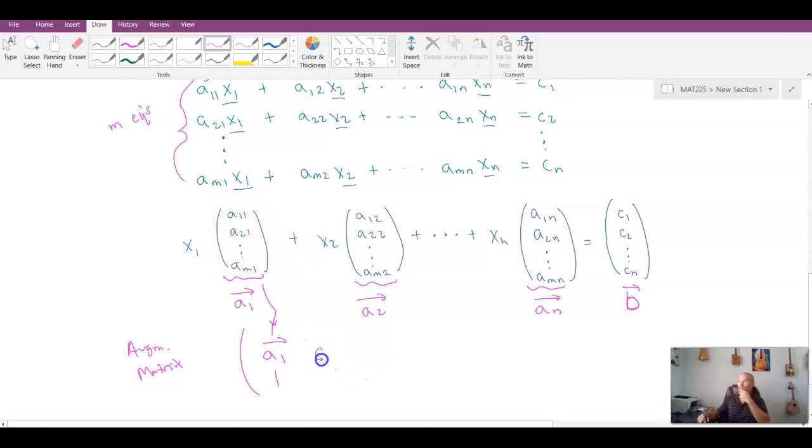The second column is going to be A2. And there's going to be a bunch of these columns in here, or n of them anyway. And then we'll have An here. Our equal sign would be there, and then over here we would just have that B vector. So this is a really powerful way to represent something.